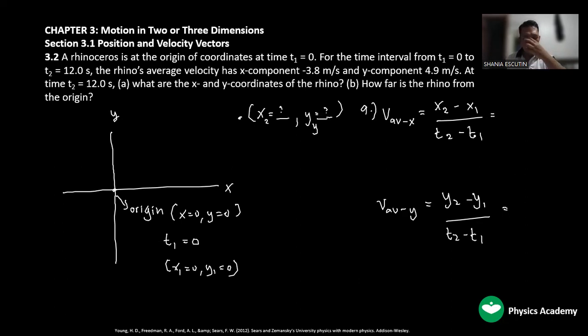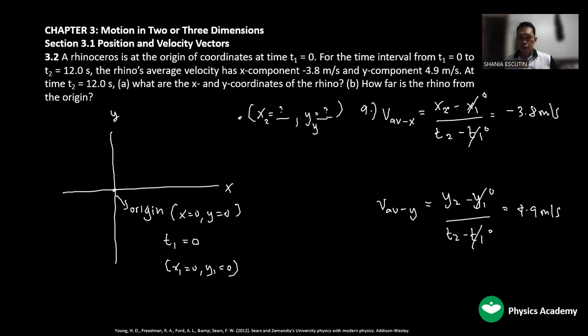Since we start from the origin, our x1 is equal to 0, t1 is equal to 0, and y1 is equal to 0. And we know that our average velocity along x is negative 3.8 meters per second, and along y is 4.9 meters per second.